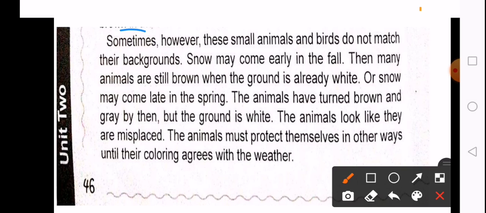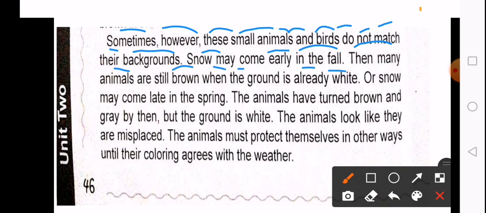Sometimes, however, these small animals and birds do not match their backgrounds. Sometimes some animals, their colors didn't change like the backgrounds, like the surrounding. Snow may come early in the fall, in the autumn, then many animals are still brown when the ground is already white or snow.